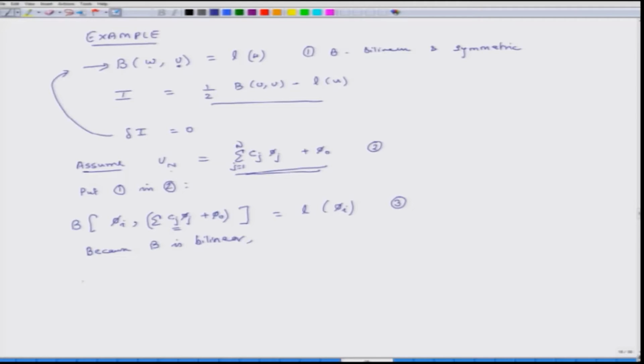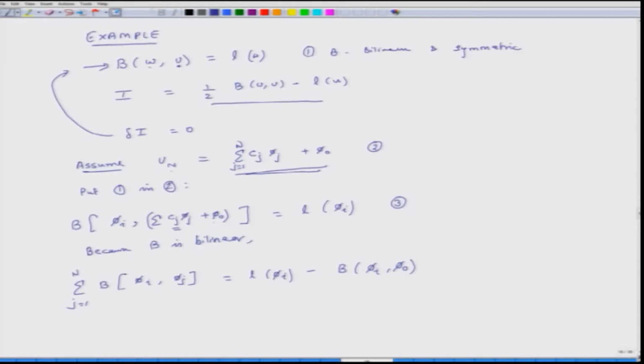So I can write it as the summation of j equal to 1 to n of B of phi I, phi j.